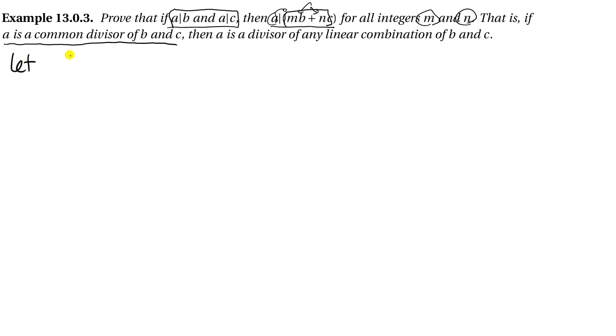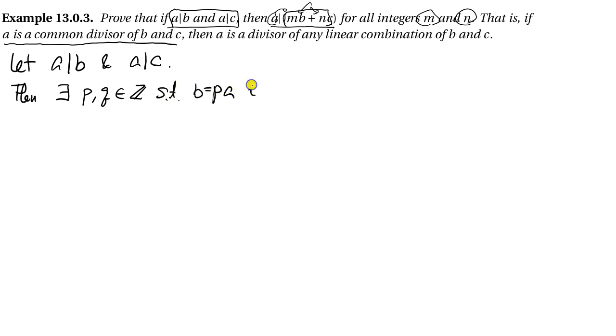So let's say A is a divisor of B and A is a divisor of C, which means there will be two integers, P and Q, such that B is P times A and C equals Q times A.